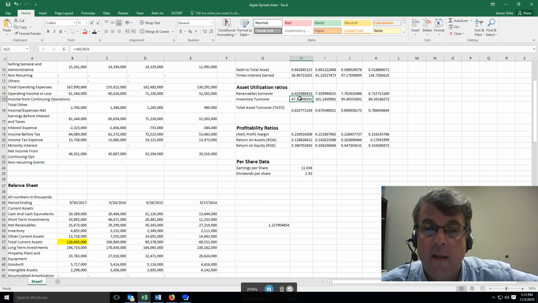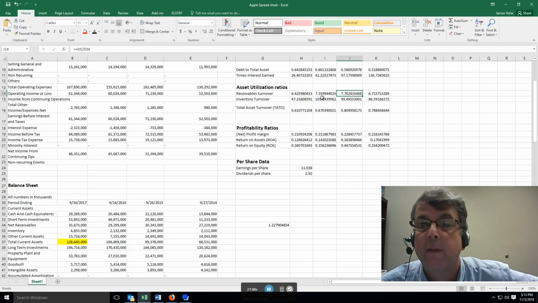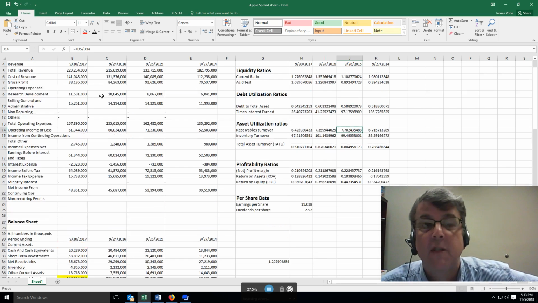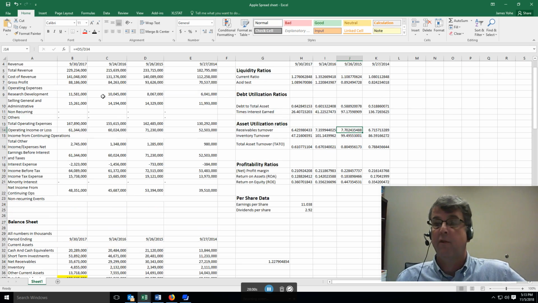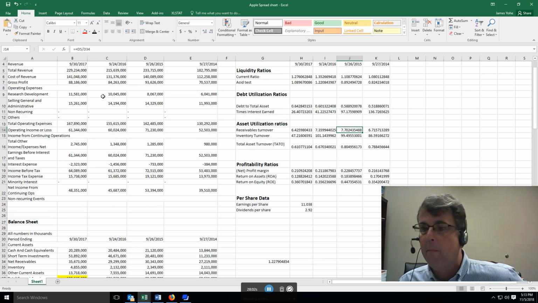We might compare that to previous years and say, whoa, look, that number has gone down, at least in the last 3 years, and it's the lowest it's been in the last 4. Maybe Apple is extending more credit to boost sales. And that could be a bad thing if they're extending credit to riskier customers, to firms that are maybe closer to bankruptcy or having problems and might not be able to pay that back if, say, the economy turns down.